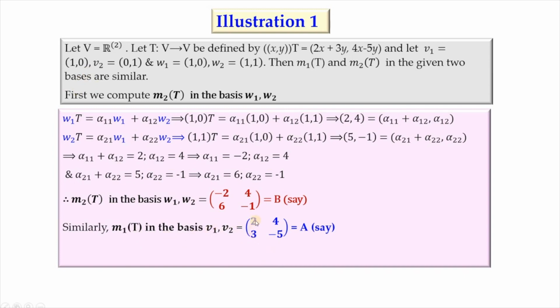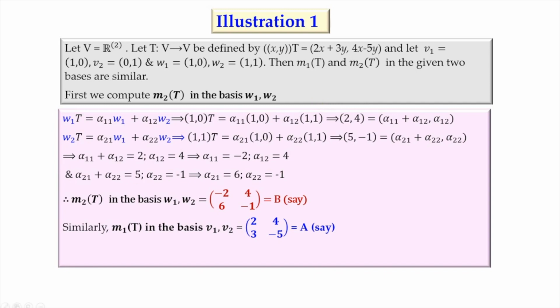Now the computation of M1 of T in the standard basis is very simple. We have 2, 4, 3 and minus 5, because we have the matrix of T in the standard basis. When we replace V1, that is 1, 0, with x standing for 1 and y for 0, we get 2, 4, which we can write as 2 V1 plus 4 V2.